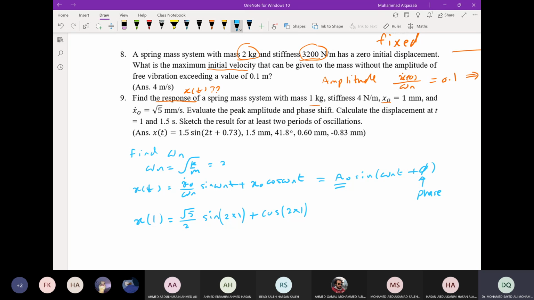In order to evaluate the sine and cosine in the calculator, make sure you put it in radian. So 2 times 1 is 2 radian. In the calculator, you put the mode on radian to evaluate the amplitude at t equal to 1 second. The same thing here, this is in radian. Then at t equal to 1.5, you will do the same thing.